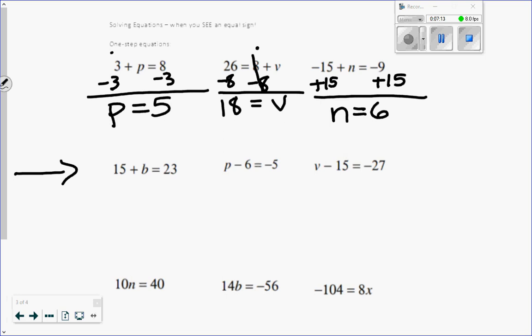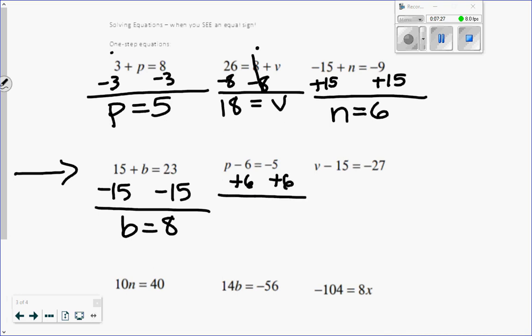Now that you've had a chance to work on them, I'm going to solve them through for you. See if you got the right answer. B is 8. P is 1.